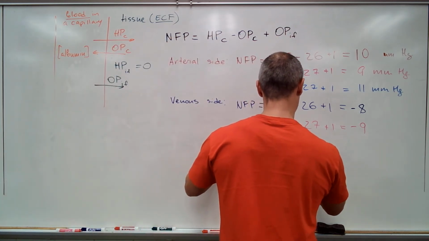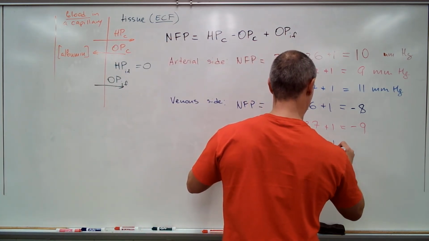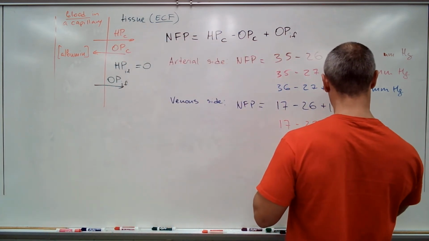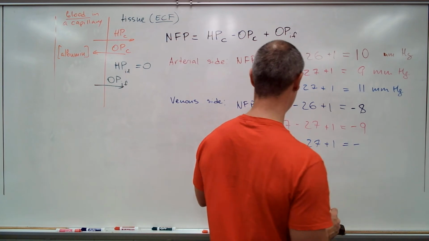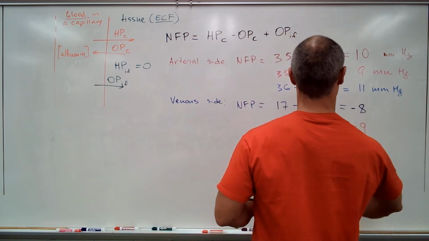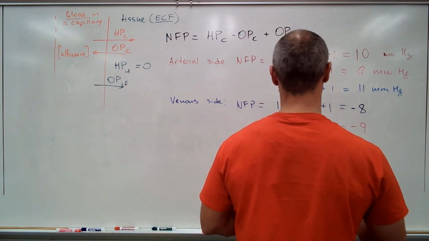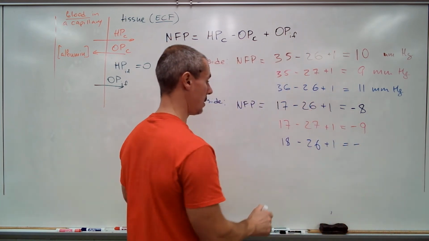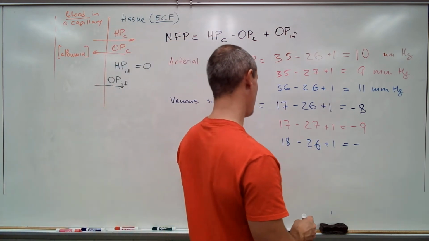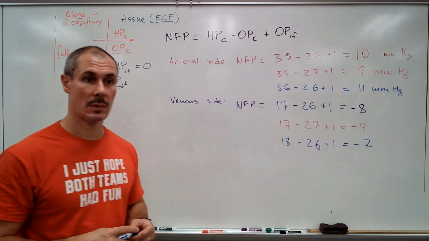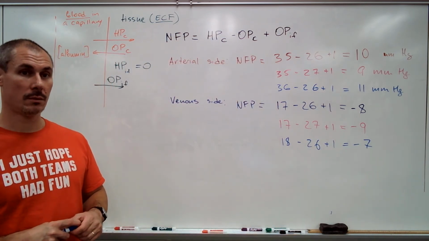So 18 minus 26 plus 1, and it gives you negative 7. Are you following me? No? Yes?